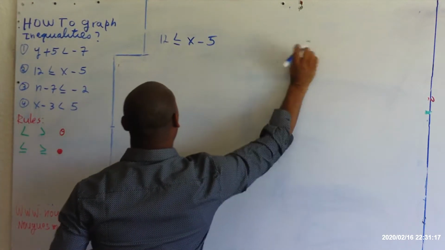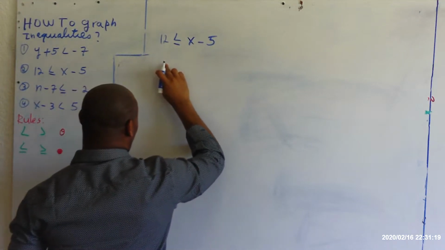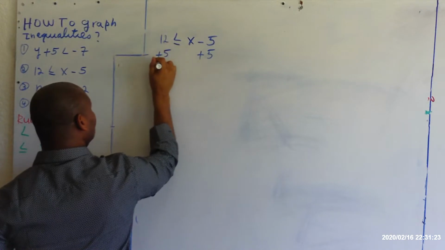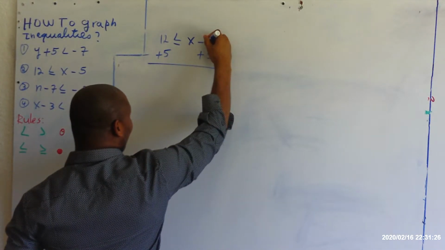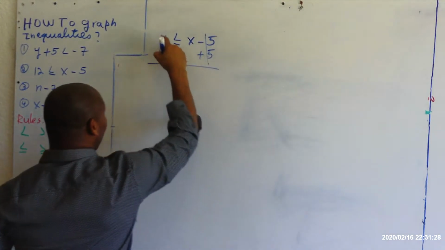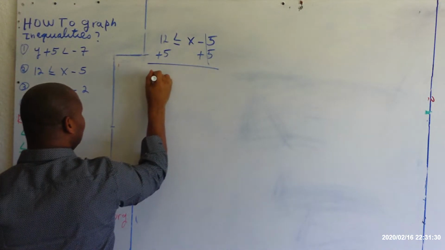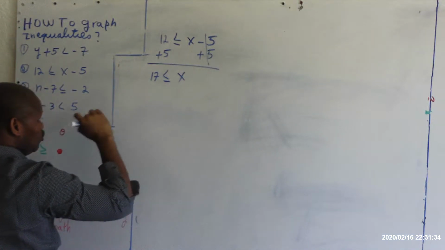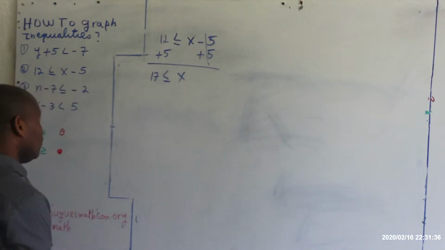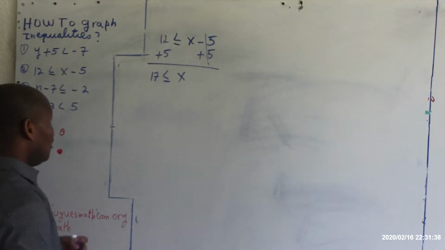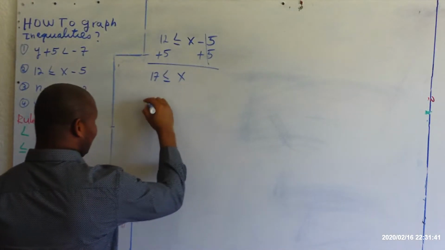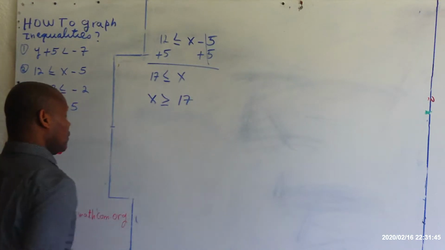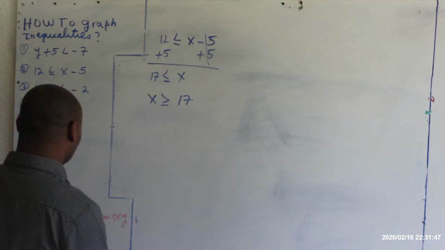So I told you, you're going to add 5 to both sides. Negative 5, positive 5, that cancels. So we have 17 less than or equal to x. Because we have 17 less than or equal to x, we can switch and write it like that: x greater than or equal to 17. So let's graph it.